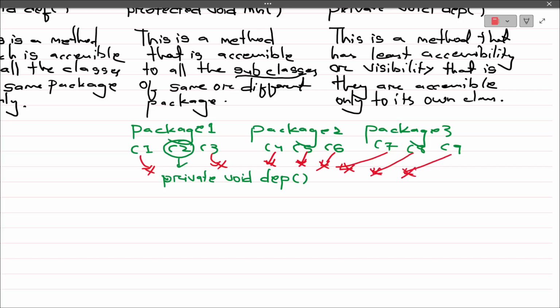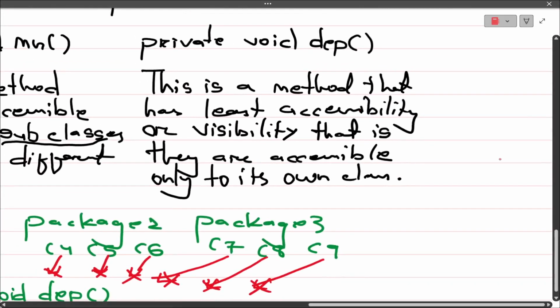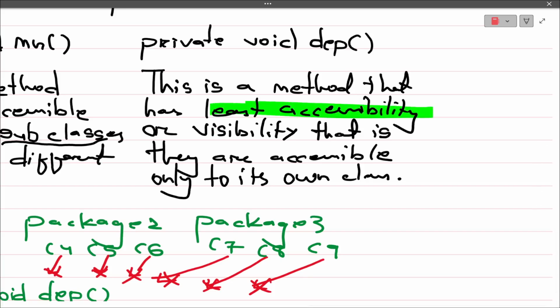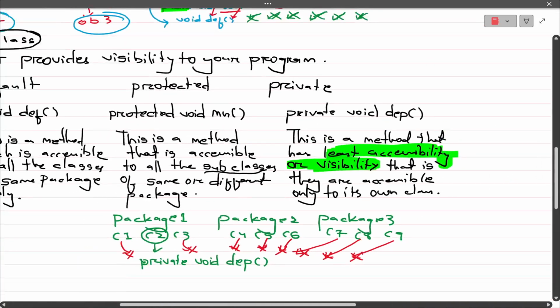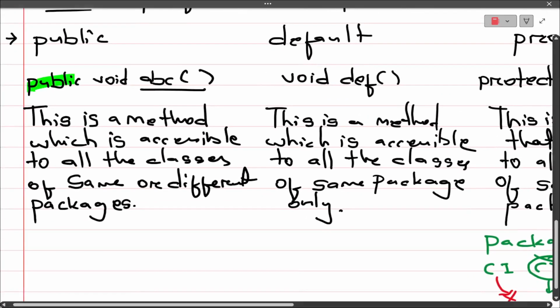This is a common question you will see in your exam: least visibility or least accessibility. Name an access specifier that has least accessibility or least visibility. So the answer will be private. And the one having high accessibility is none other than public.